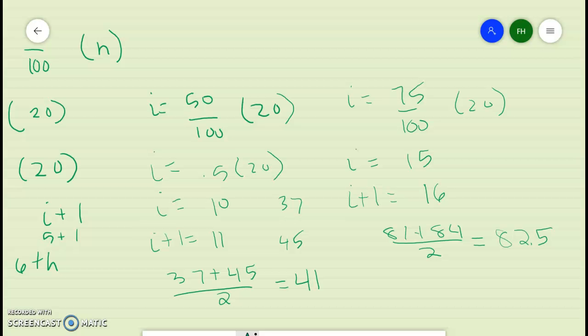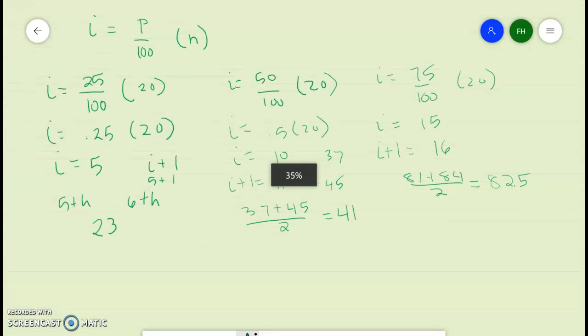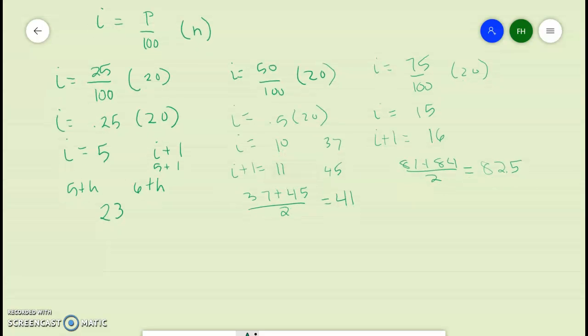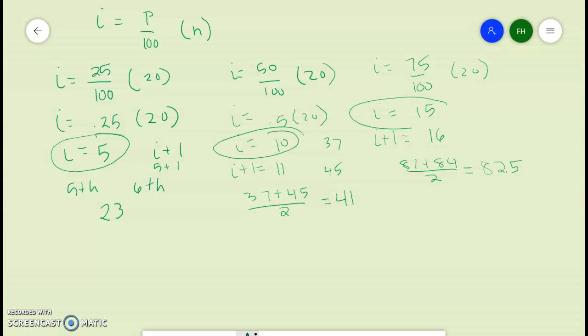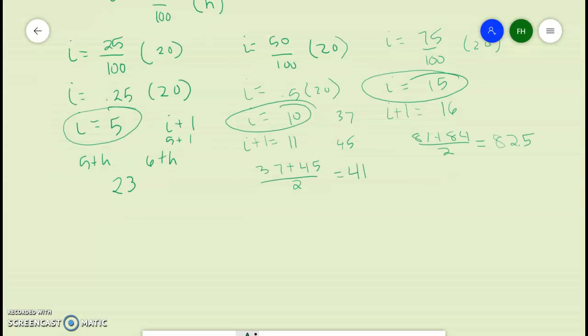Okay, so that explains what you do if the index ends up being a whole number. You go to that position and the position after that, find those two values and get the average.